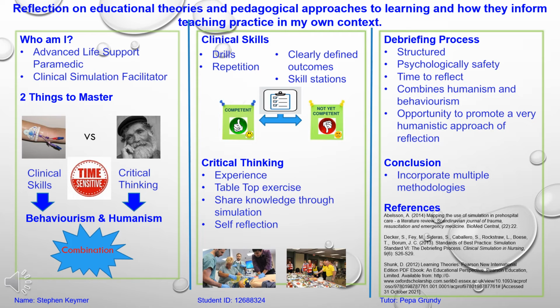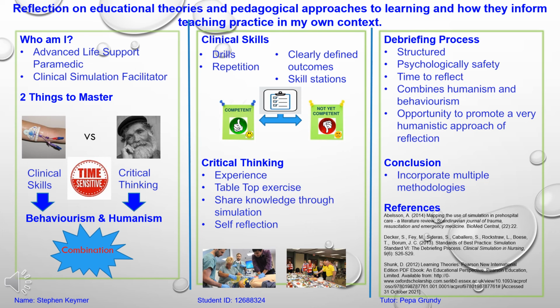Decker et al. in 2013 report that in order for this to be accomplished, sufficient time needs to be allocated to both the simulation as well as the debriefing process, and that both observers as well as simulation participants should actively be involved.